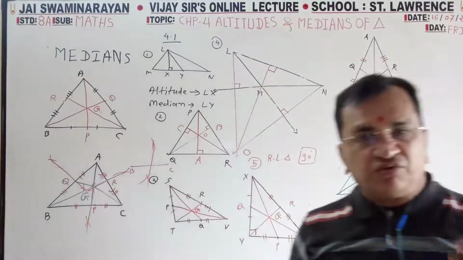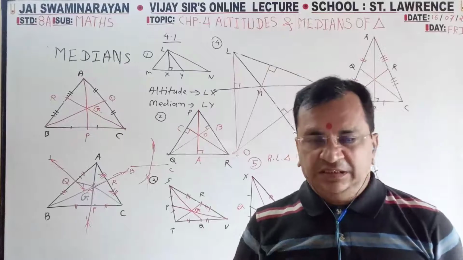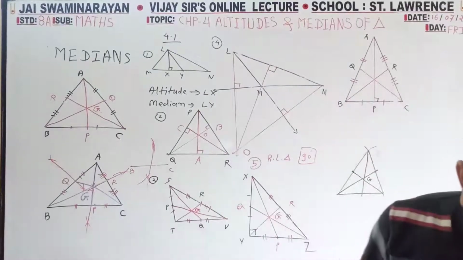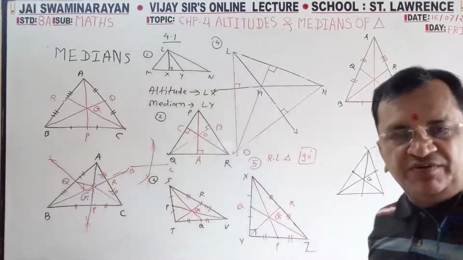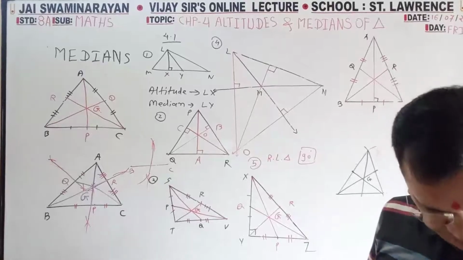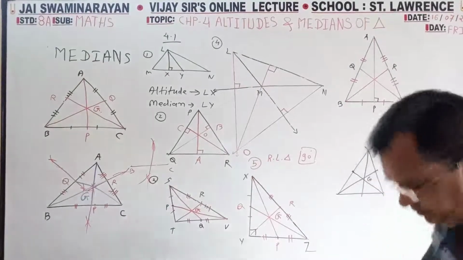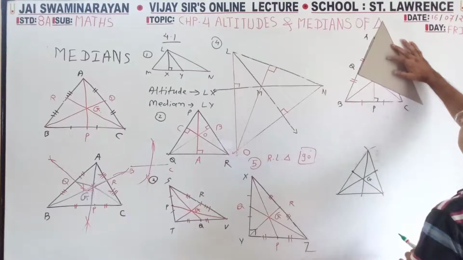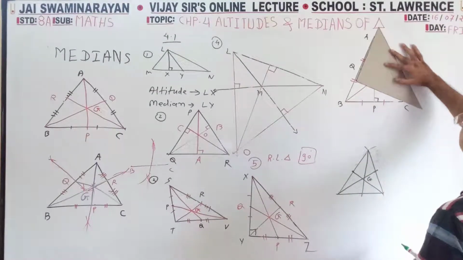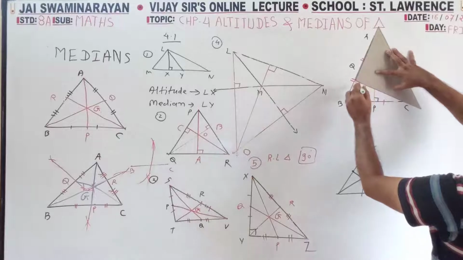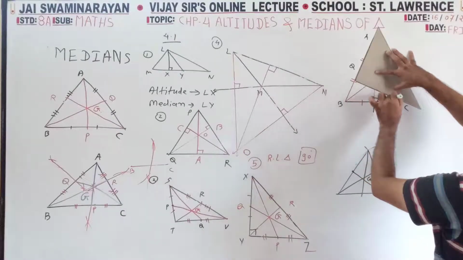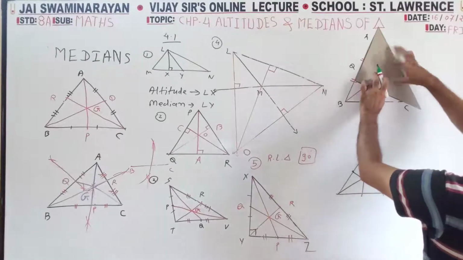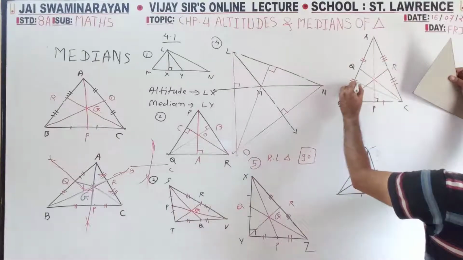And now we have to find out the perpendicular. One perpendicular we got. Now another perpendicular we will draw. From here, slant up to C. So this is an altitude.